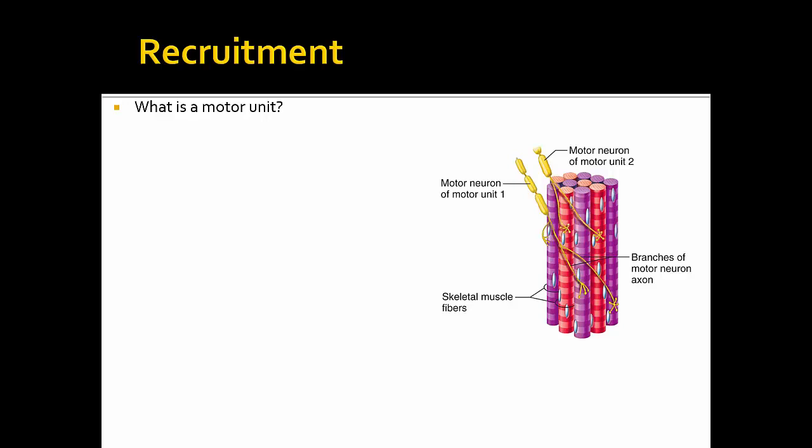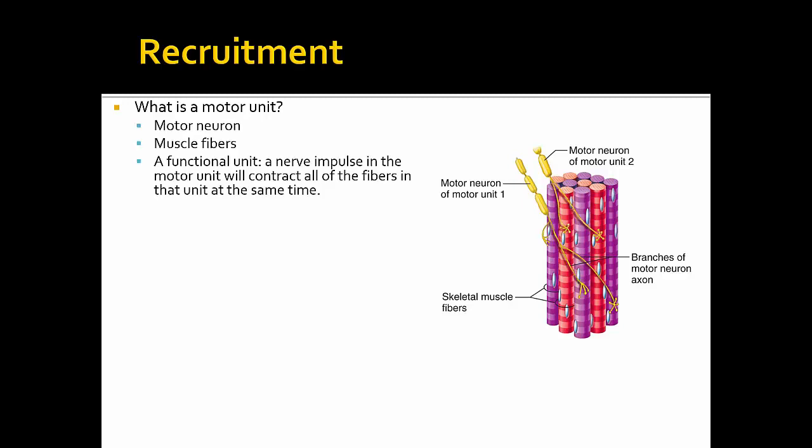So if you remember what a motor unit is, it is the one nerve and all of the muscle fibers that it is attached to. So one motor neuron and all of the muscle fibers that it's attached to. This is a functional unit. So a nerve impulse in the motor unit will contract all of the fibers in that unit at the same time.